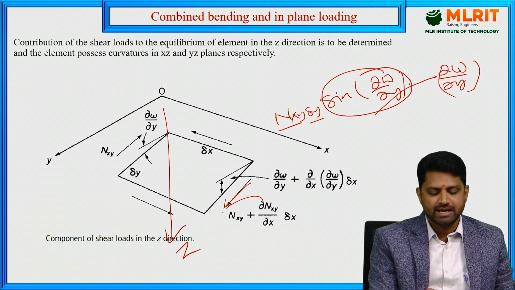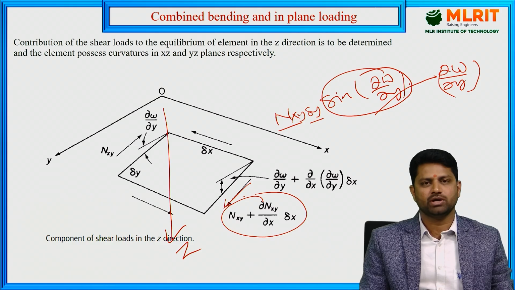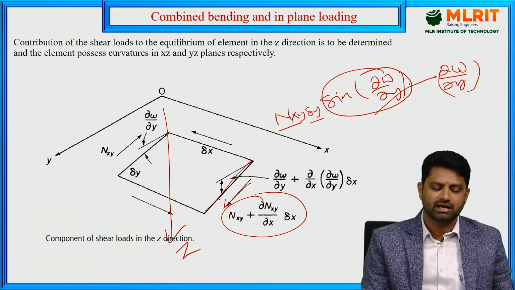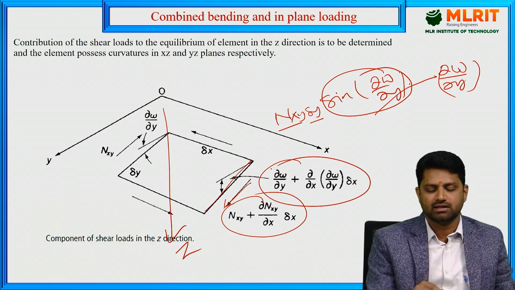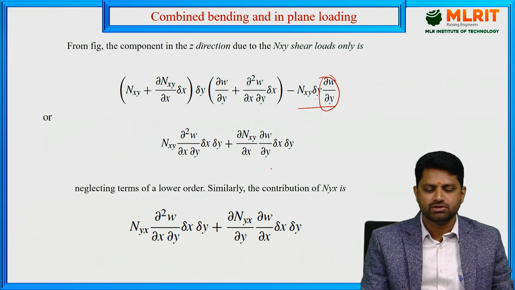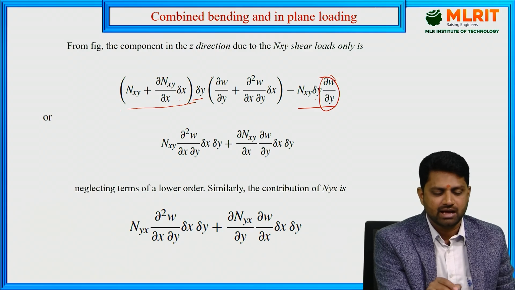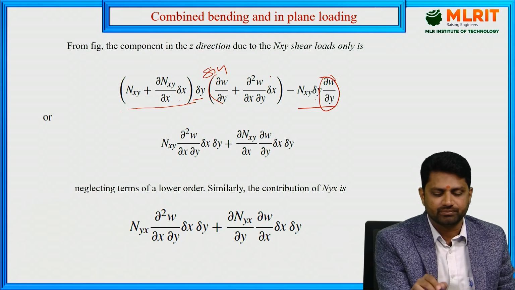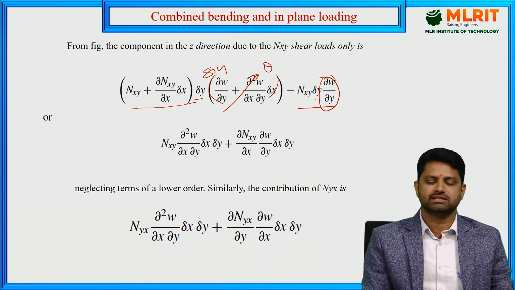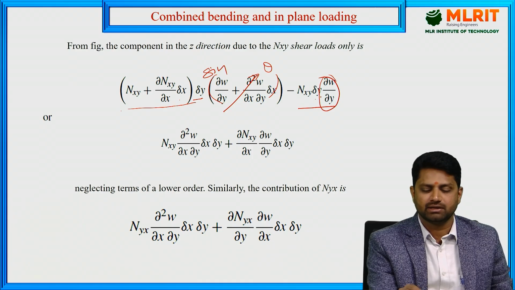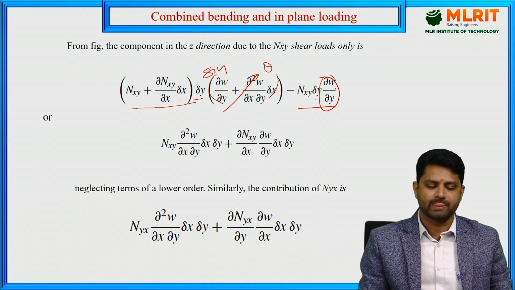Now Nxy plus ∂Nxy/∂x into delta x is the load, multiplied by the edge length delta y, and then the sine of this angle, which is written as the angle itself. Sine theta is approximated as theta, and then minus Nxy into delta y into ∂w/∂y.